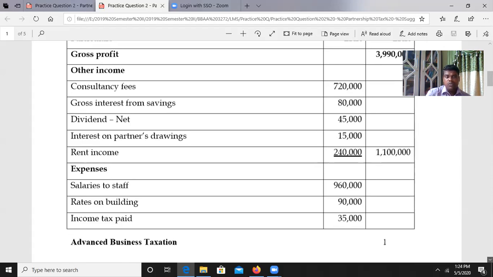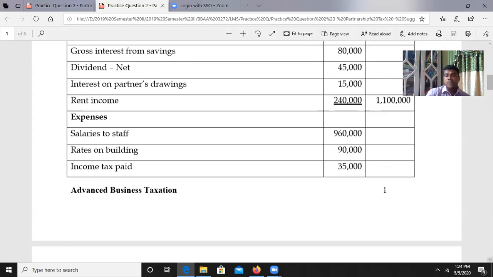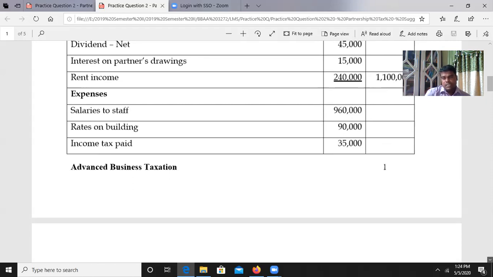Next, we can move on to expenses. At this point, you have to remember that any expenses which are related with the nature and the purpose of the business can be allowed for taxation. Salaries to staff can be allowed in the financial accounting as well as in the taxation.